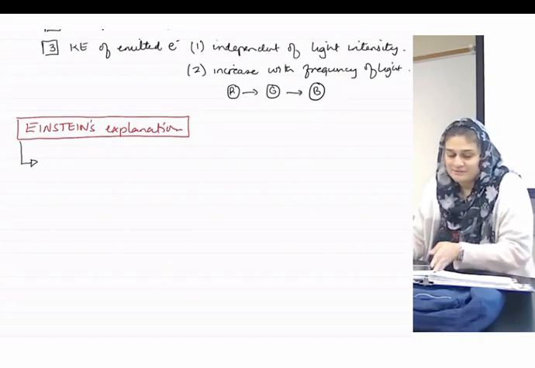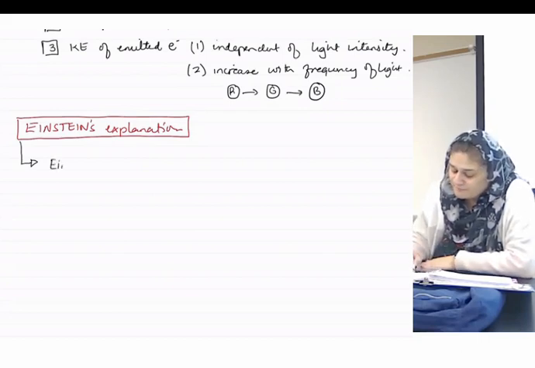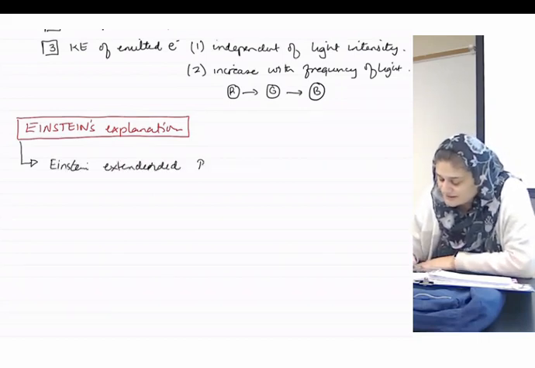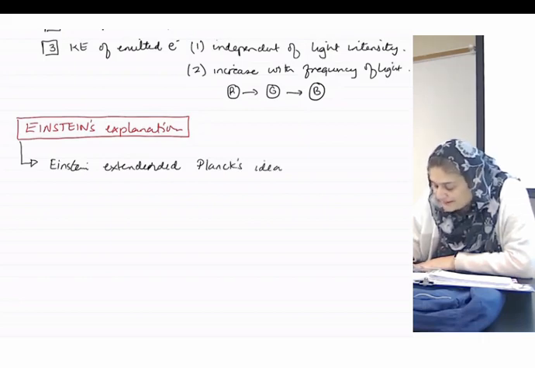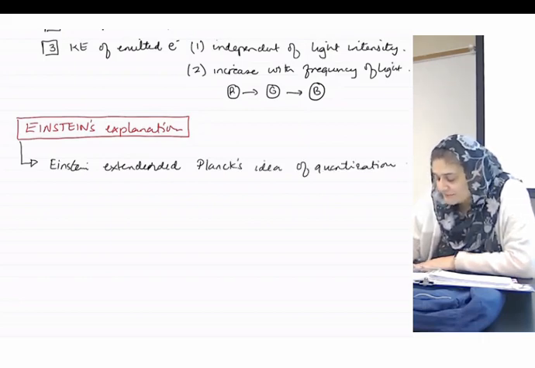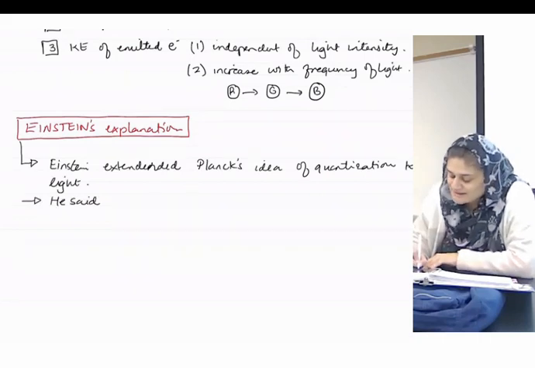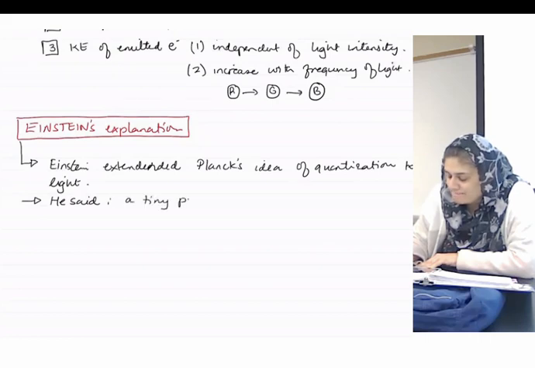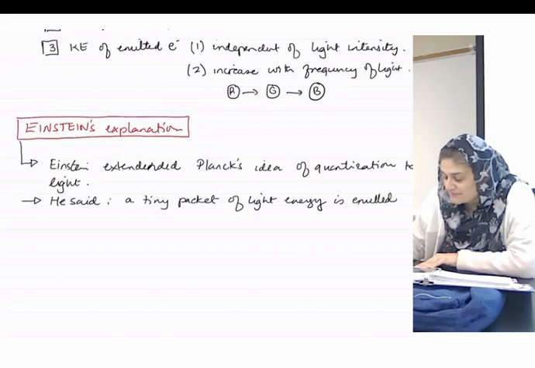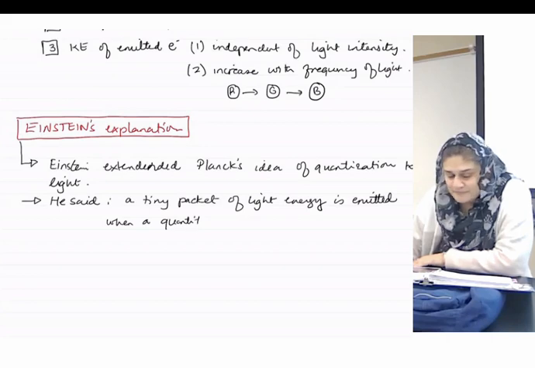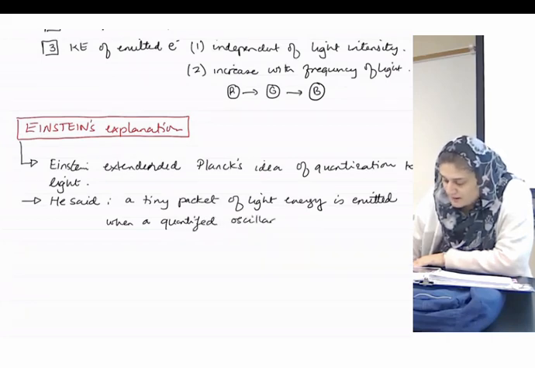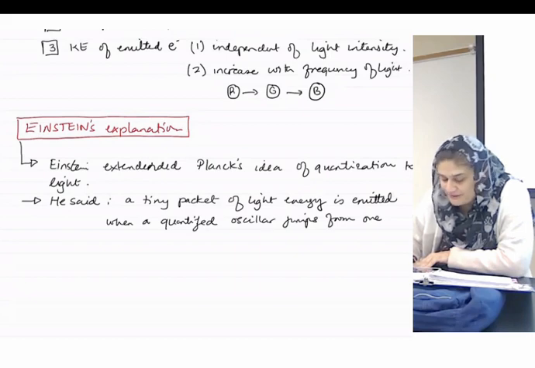And he said that Einstein extended Planck's idea of quantization to light and said a tiny packet of light energy is emitted when a quantized oscillator jumps from one energy level to another.